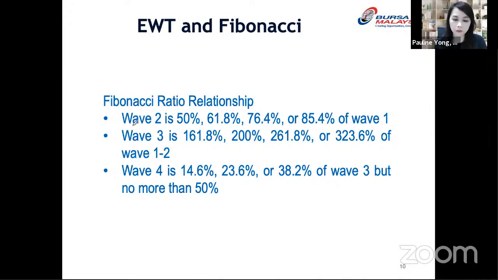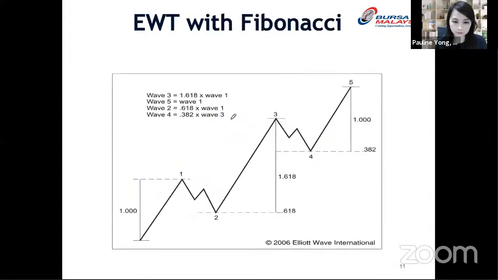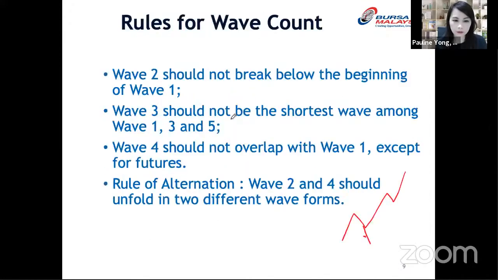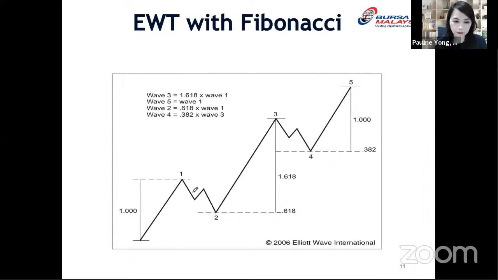Although these are some of the rules, when we draw the Elliot wave, we don't have to follow these retracements so closely, because what it says here, 50%, 618, are very deep retracements.